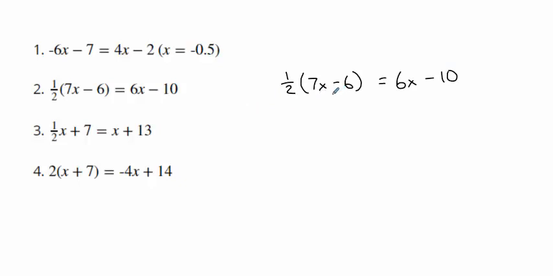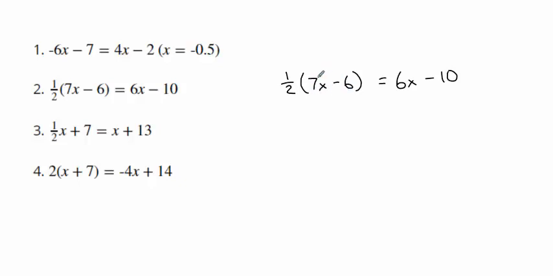One of the ideas we talked about in our last lesson was using the distributive property to remove parentheses. So if I take 1/2 times 7x, I'm going to end up with a decimal, 3.5. I don't know if I want to do that.